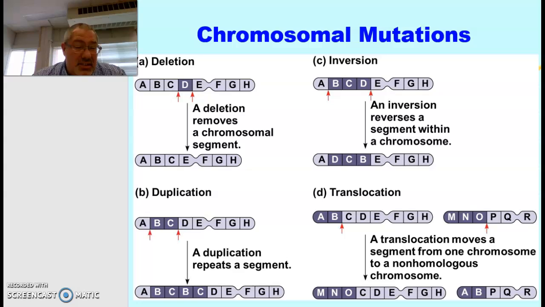So you often see that the non-homologous chromosome will have a portion of it that will detach and will attach to that same chromosome that lost a portion. So it's often what is called a reciprocal translocation. So these are 4 types of chromosomal mutations that change the structure of a chromosome.